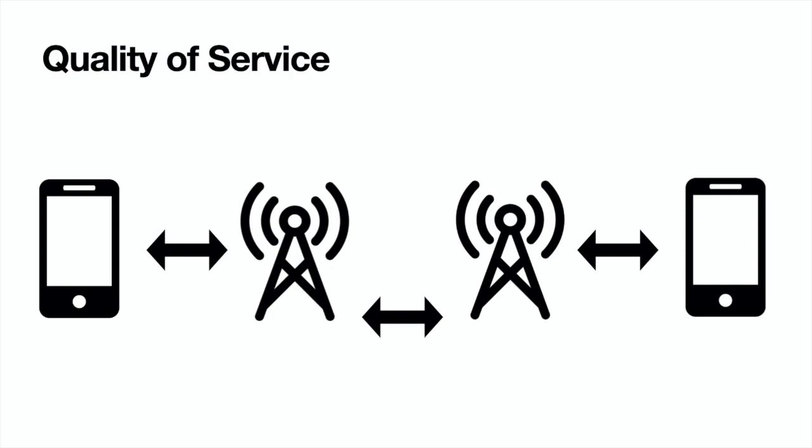No matter how good your component is, how much you have invested in your phone, if the phone of the other party is really bad quality, or if the network has some part that has really bad quality, the weakest link will define the quality of the connection. So it's very hard for people to invest when they don't believe that the rest of the network will also invest in their parts of the network.